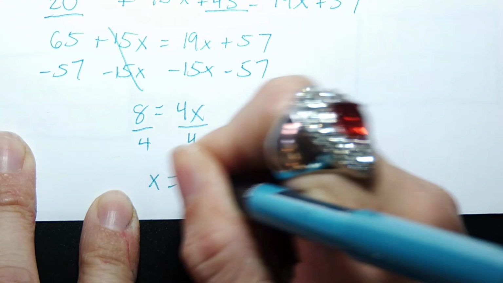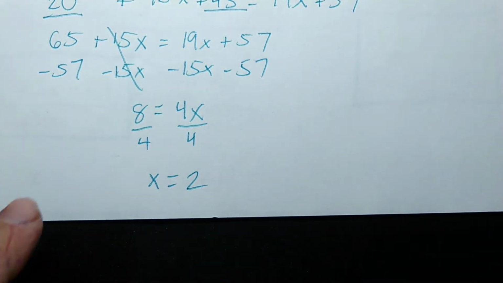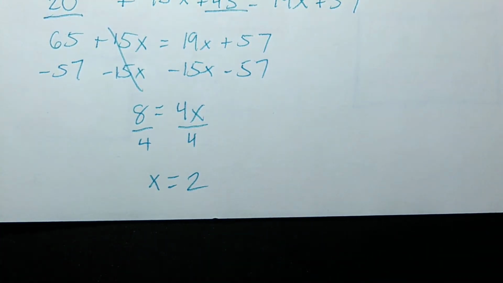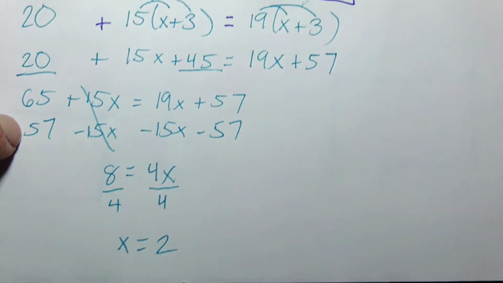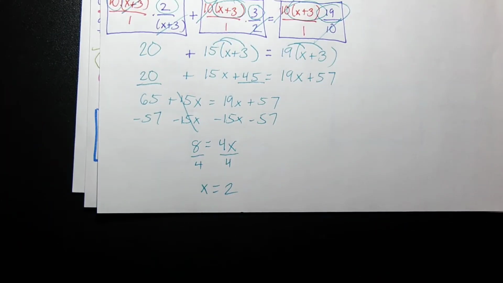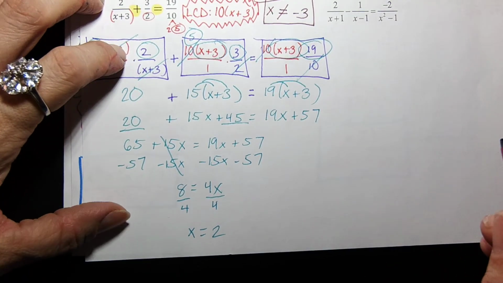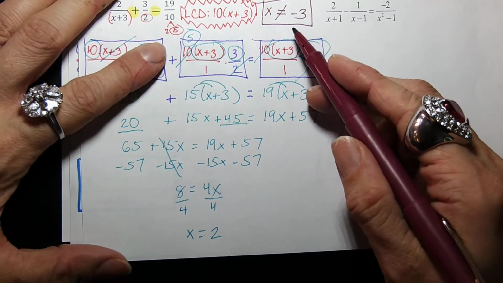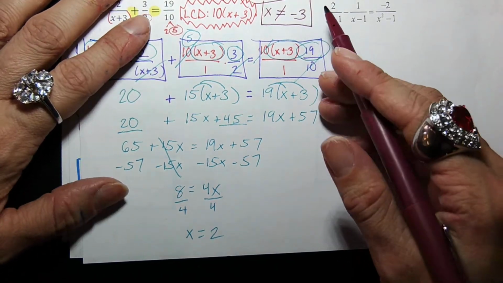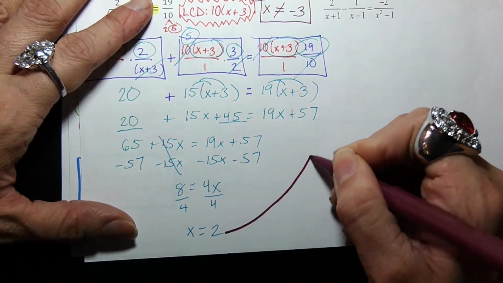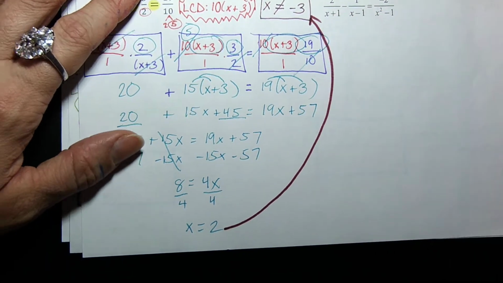And x equals 2. We don't put a box around it though because we have to check it against our restricted values. Am I allowed to have 2 in the denominator? Yes. The only x value out of the infinite amount of things that are possible is -3.